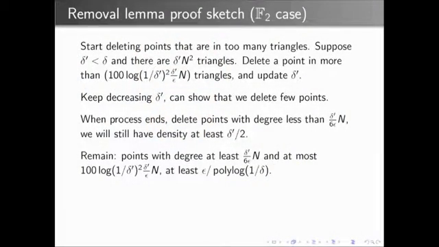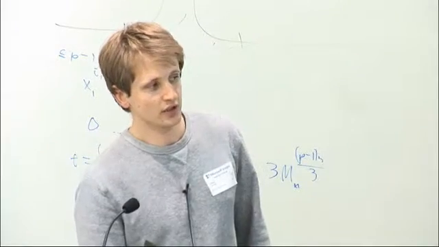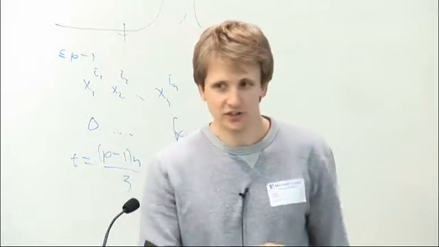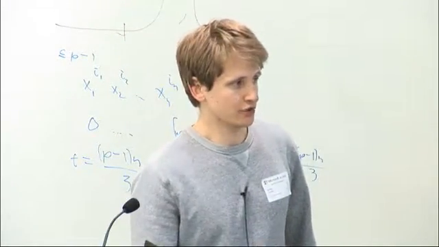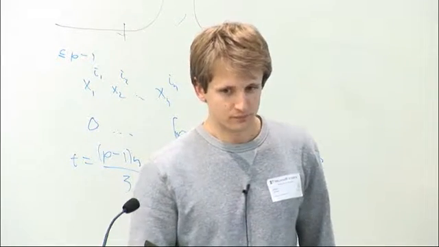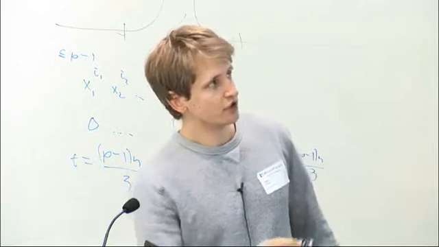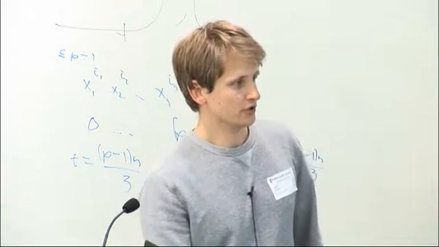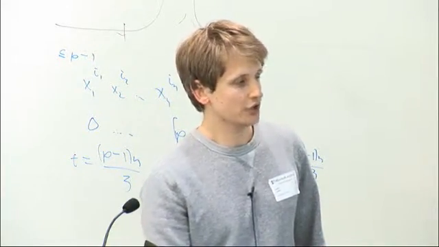which implies that, since we have an upper bound on the degree of any point, we have at least epsilon over polylog 1 over delta points remaining. So now we can apply the previous lemma with delta 2 and delta 1.